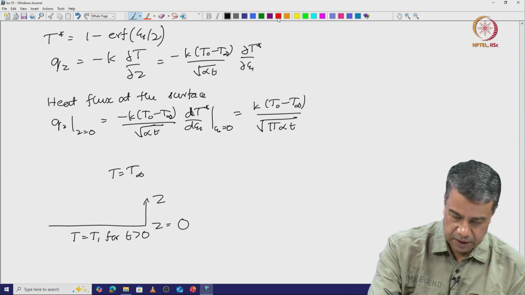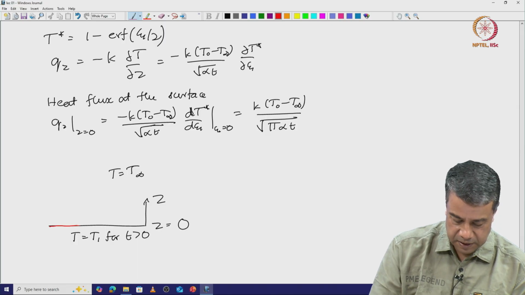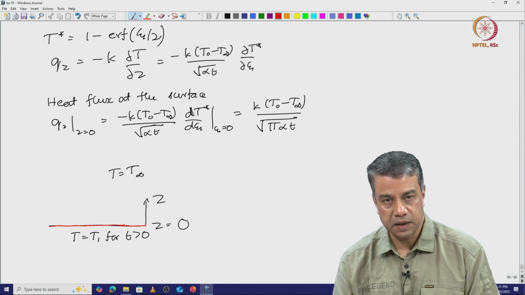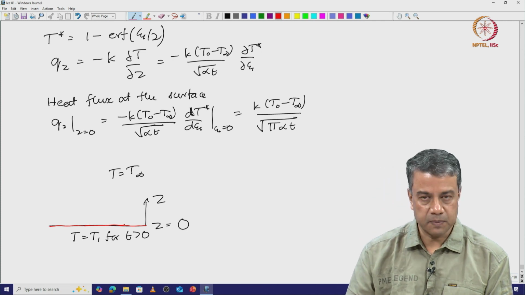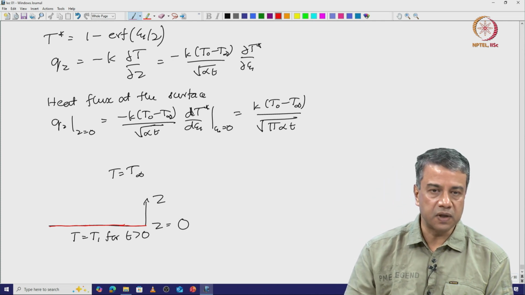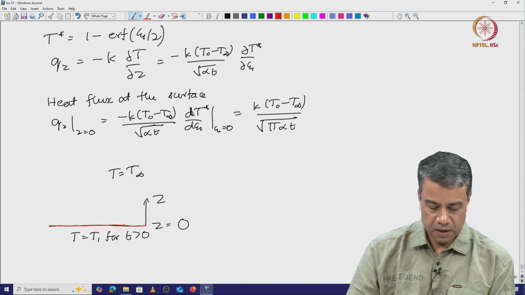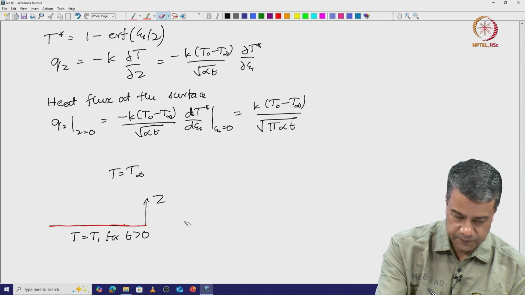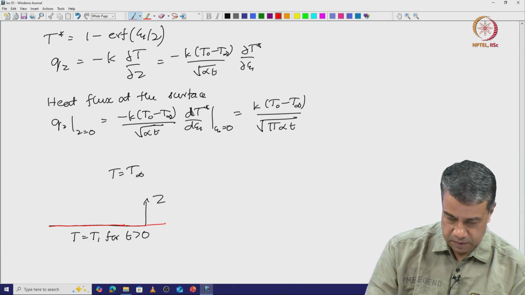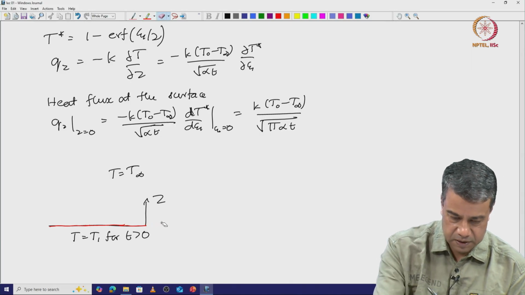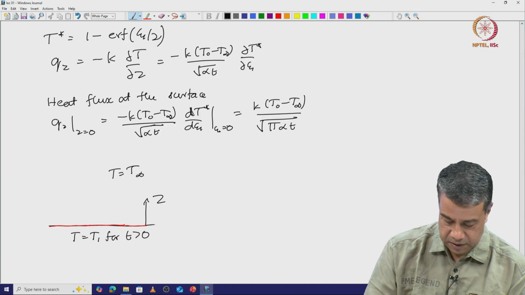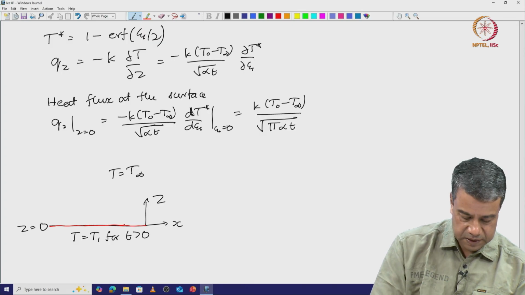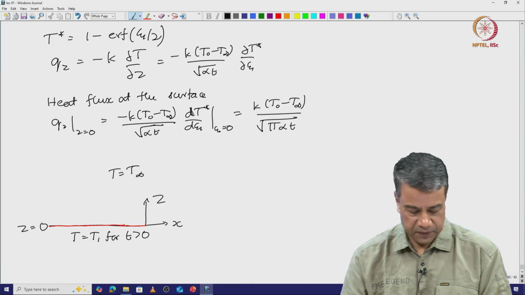Basically, at time t equal to 0, you instantaneously increase the temperature of the surface to a new temperature T1, and then we want to know how the temperature varies in the medium due to heat conduction from the surface. We will assume that there is no variation in the x direction, so there is variation only in the z direction, and the surface is at z equal to 0.